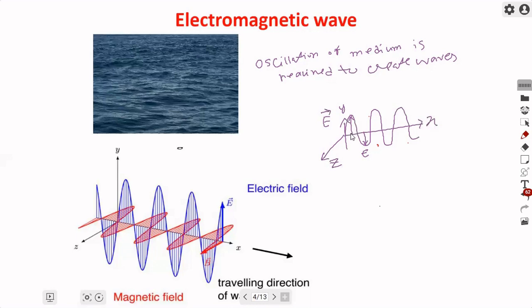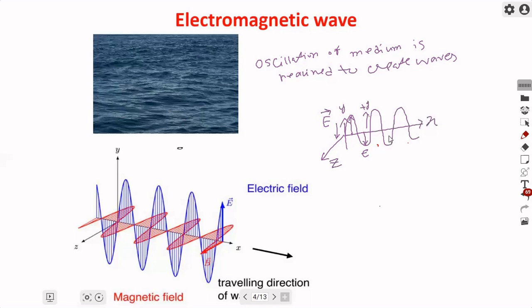We know that if the electric field is in the upward direction, plus y direction, the current will flow in the opposite direction, that is minus y. So for this orientation of the electric field, current will flow in this minus y direction. And when the electric field is minus y, current will flow in the plus y direction, right? This is the general convention that we follow.